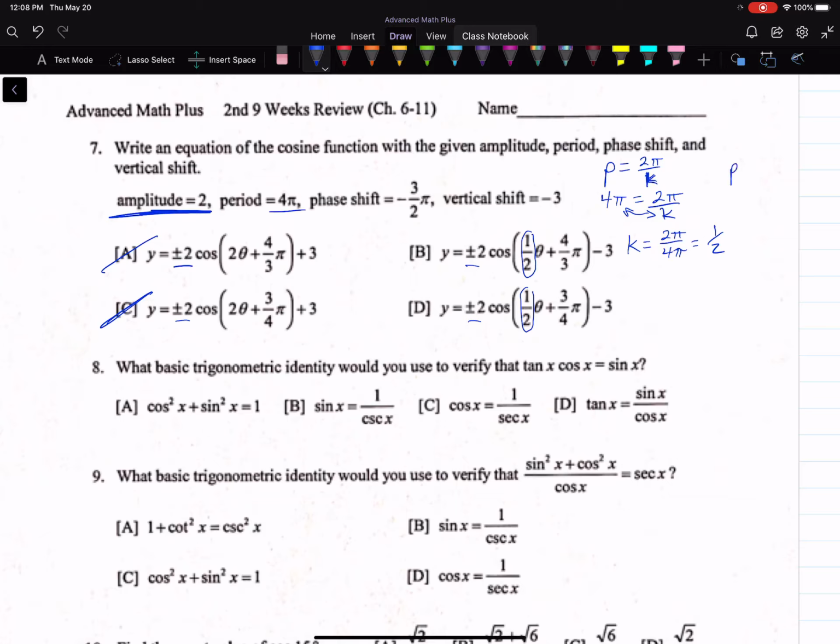For my phase shift, again, I'm going to write it down. It's negative c over k. So I don't know what c is. I'm going to say negative c over, I know what k is. I just found it, 1/2. And it tells me my phase shift is negative 3 pi over 2. And so I just multiply both of those by negative 1/2.